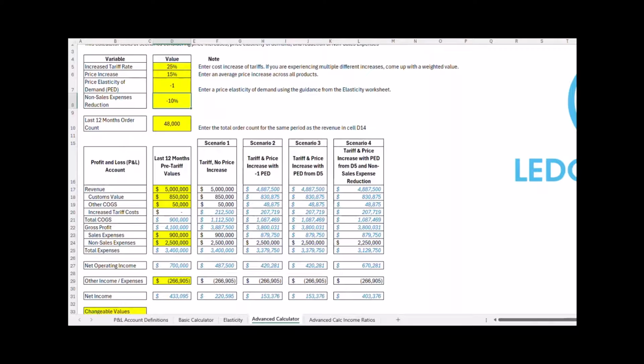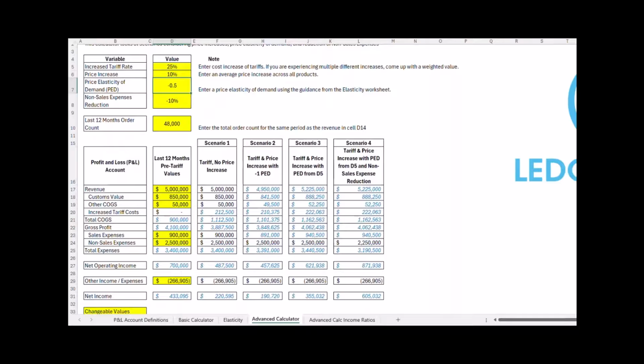In scenario 3, it allows you to change the elasticity of your product. So maybe you have something that has low elasticity. Maybe it's something that people are going to need a lot of. So we're going to say that's even lower than 1. Maybe you'll say it's at 0.5. And maybe you only need to increase your price 10%, we'll say.